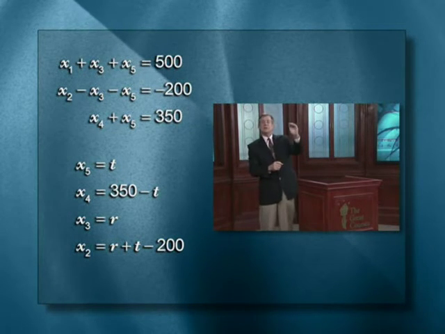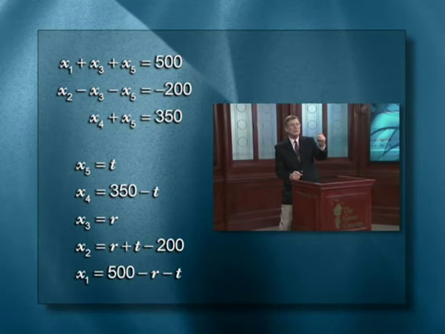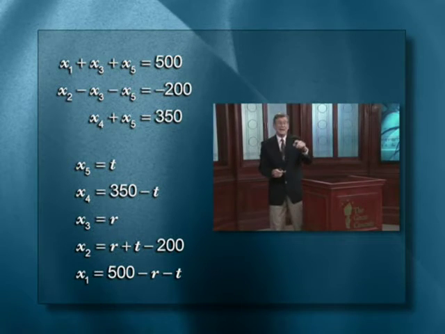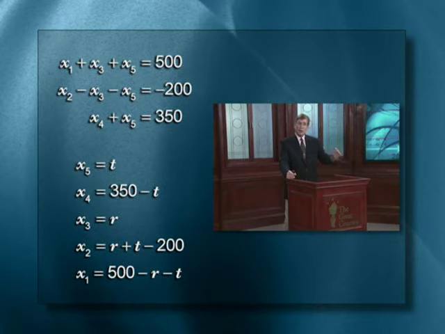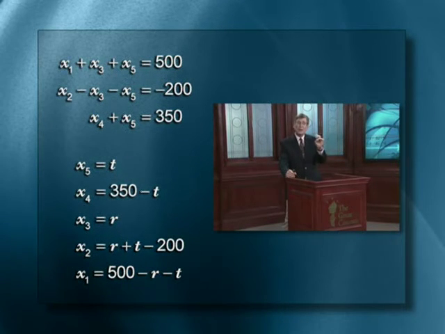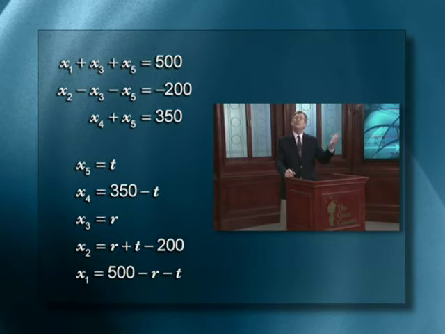And now finally we arrive at x1, and x1 is 500 minus x3 minus x5, so it's 500 minus r minus t. That's complicated. That's tough to do. Identify free variables that can be any real number, and then the other variables are forced upon you once you select those values for the free variables.